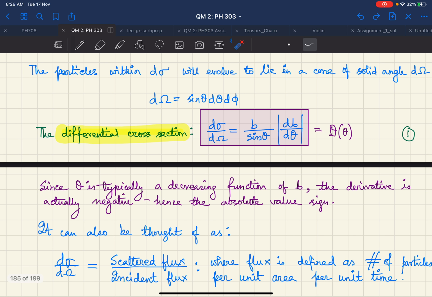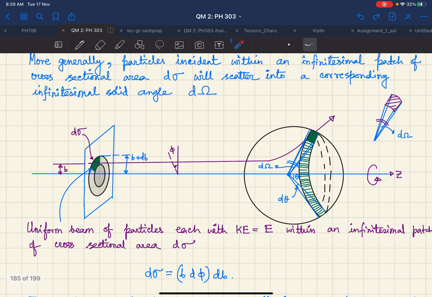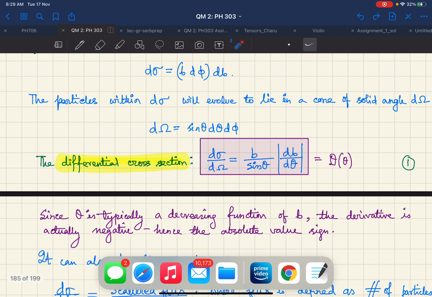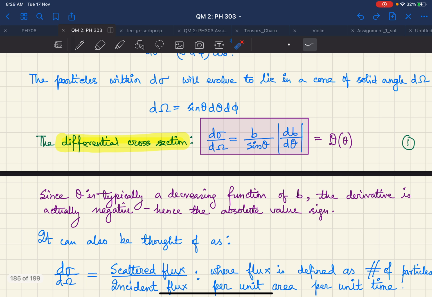Why is there a modulus sign, this absolute value sign? This is simply because θ is typically a decreasing function of b, so the derivative is negative, and therefore this absolute value sign is here.